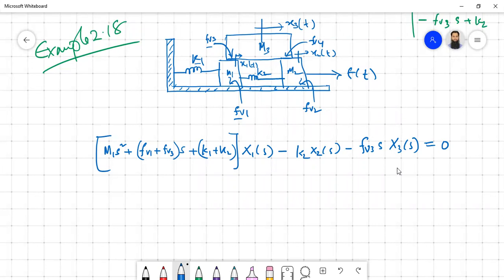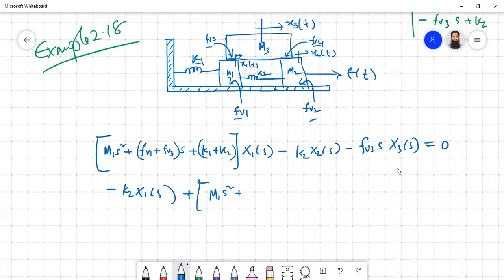So the second equation, how should the second equation be looking like? So for M2, the other one will be actually negative. So minus, which is common between M2 and M1 is K2. So minus K2 X1S. Then the self-impedance. So M2 S square plus how many friction you have? FV2 and FV4.